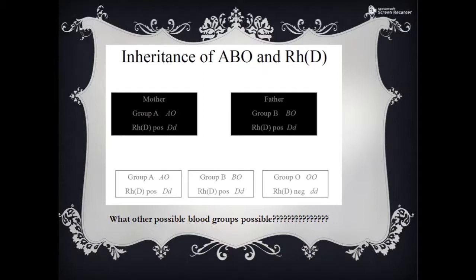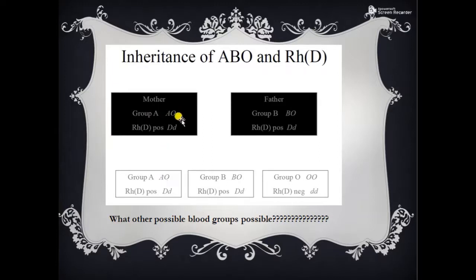Now, if you look into the blood grouping with the ABO and RHD combination, consider a mother who has an A blood group and is Rh positive, and a father who is B positive and also Rh positive. Consider the genotype to be capital D and capital D, or capital D and small d. What are the possible ways we can have?